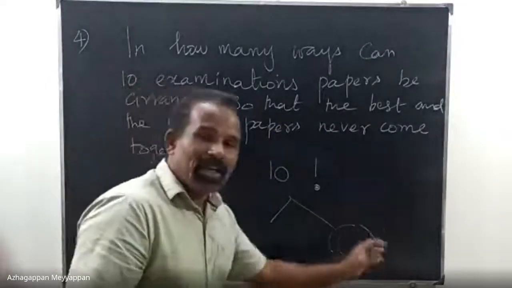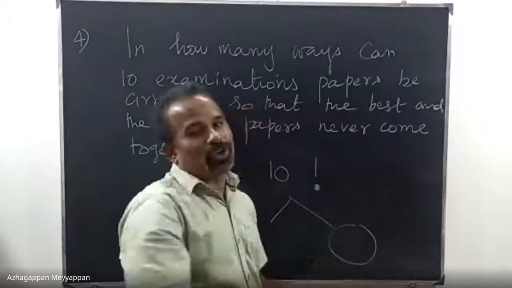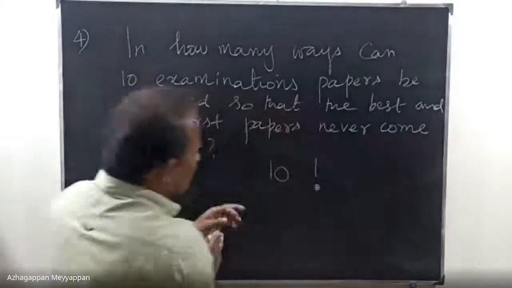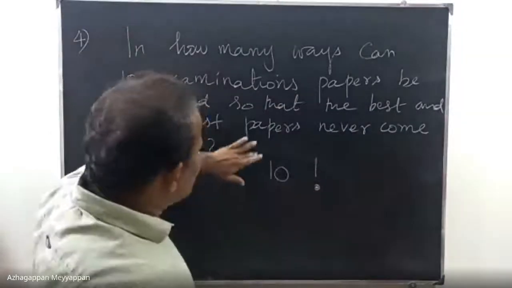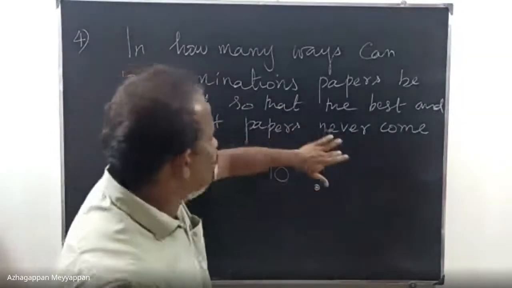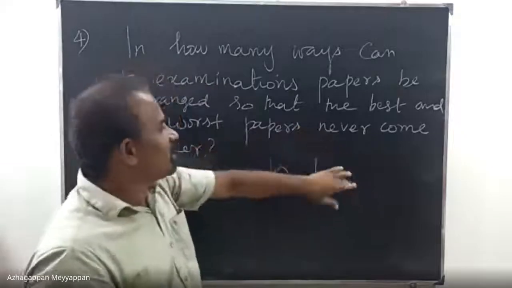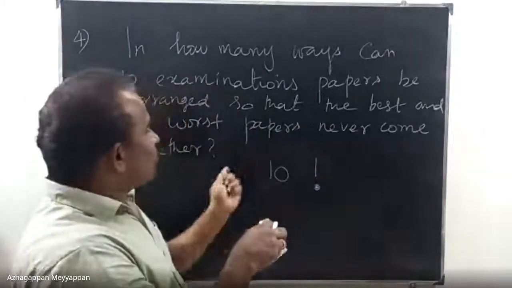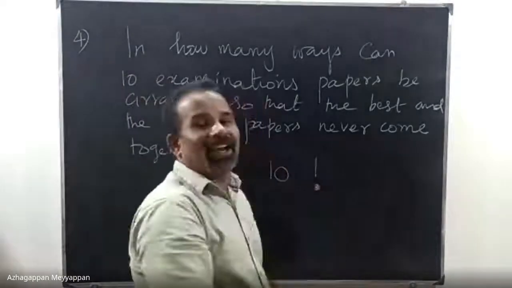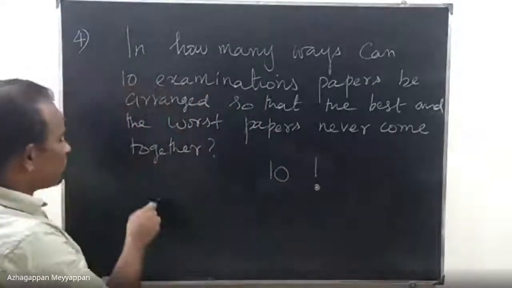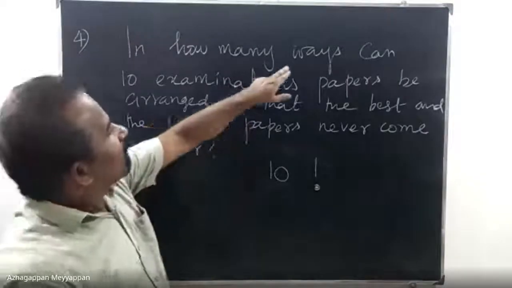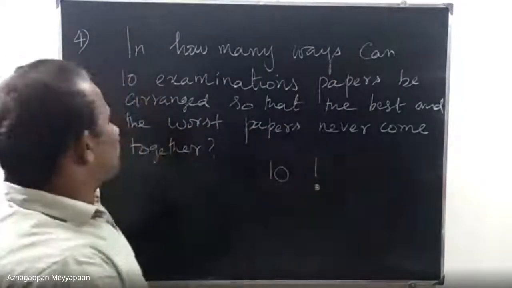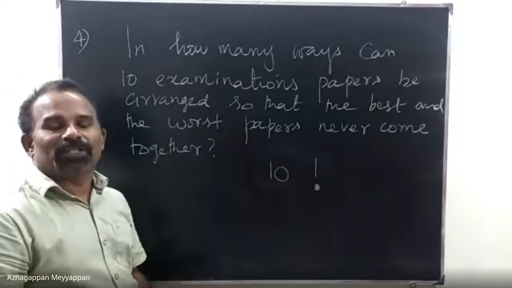So this is without any condition: there are 10 factorial arrangements, in which best and worst papers come together also, and never come together also. Now I am going to find out the number of ways the best and worst papers come together.